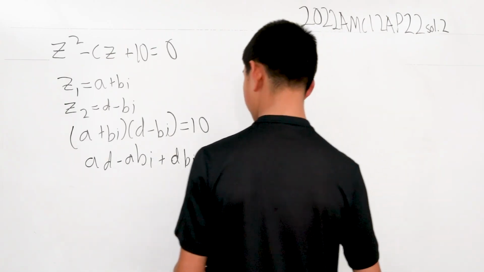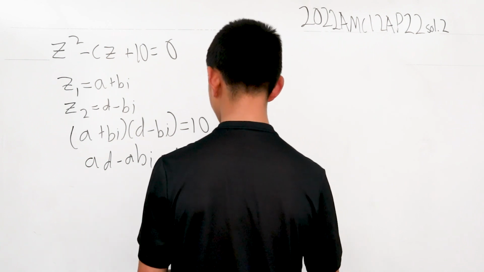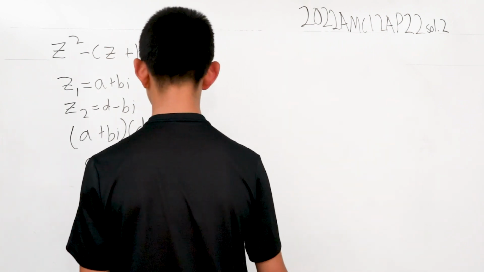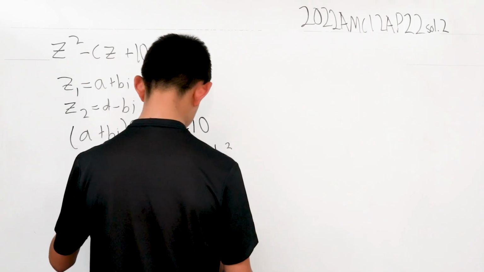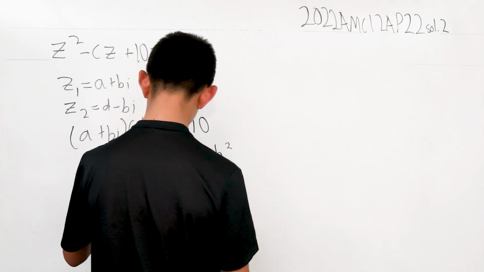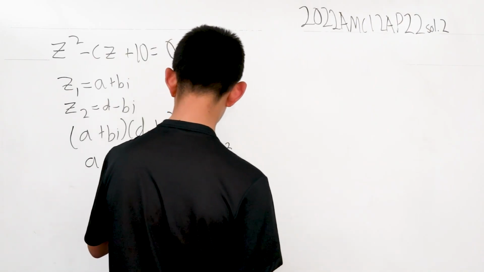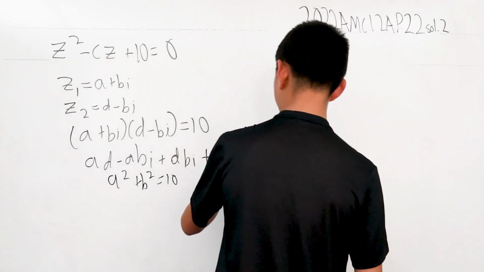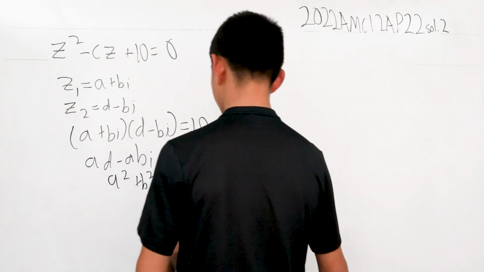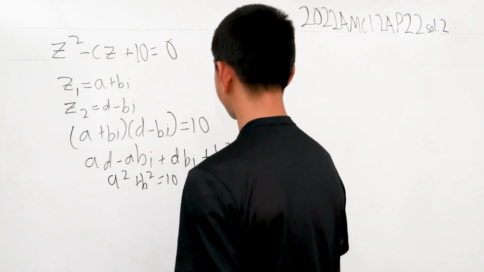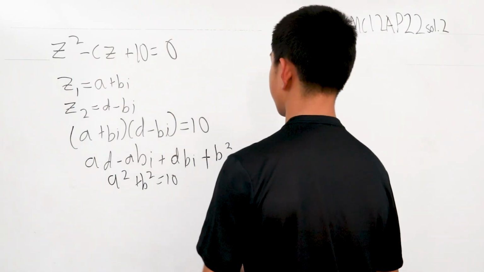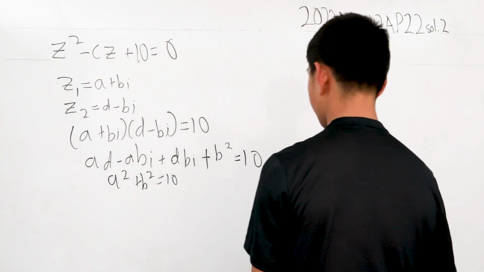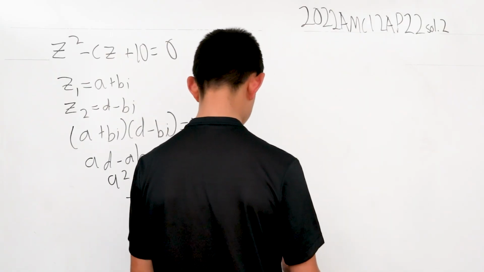The cross terms cancel out because they deal with the same i's. So a squared plus b squared is equal to 10.